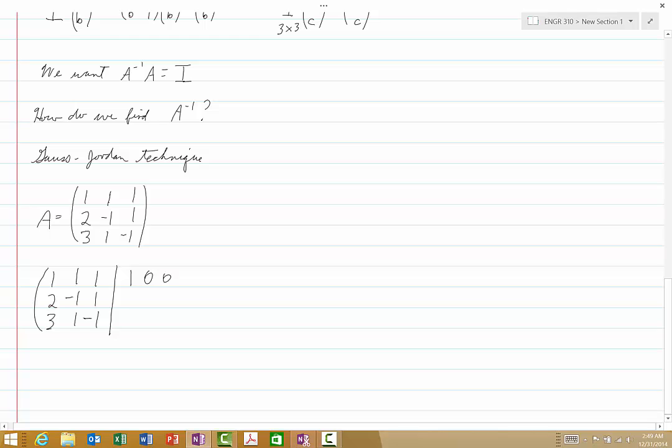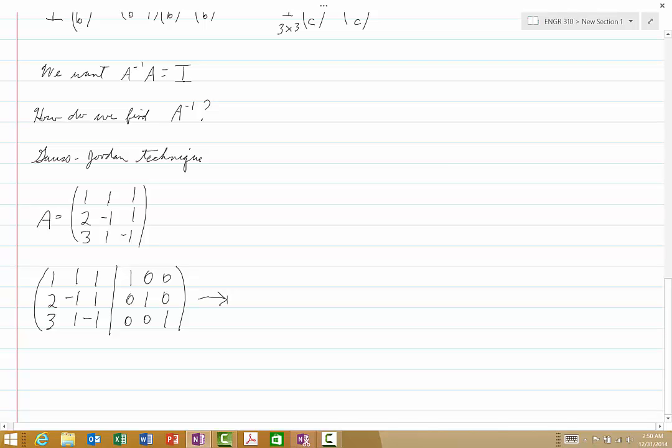So, since this is a 3 by 3 case, we'll have 1, 0, 0; 0, 1, 0; 0, 0, 1. And now, using only the procedures that we talked about already with Gaussian elimination, we want to work on this until the matrix to the left of the vertical line is the identity matrix. And once we get the identity matrix over here, whatever is on the right will be the inverse of A. So let's see how this will go.